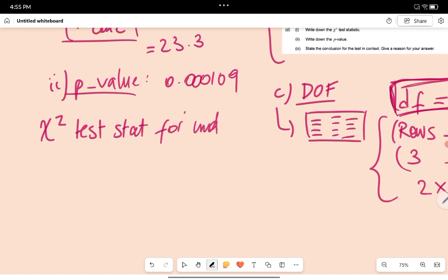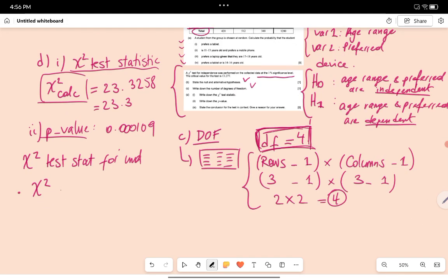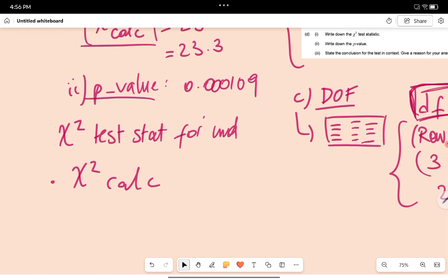we have two options. We can either compare the chi-squared calc to the chi-squared critical, or we compare the p-value, as I explained, to the significance level.